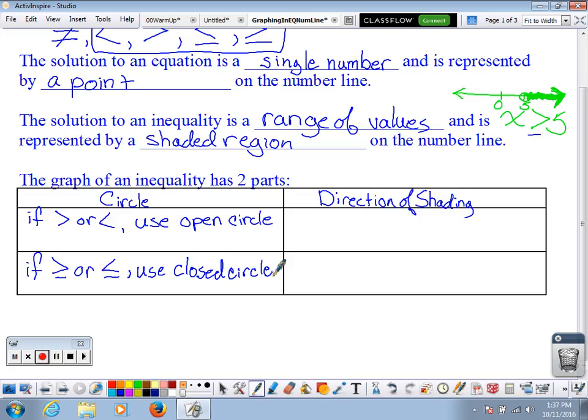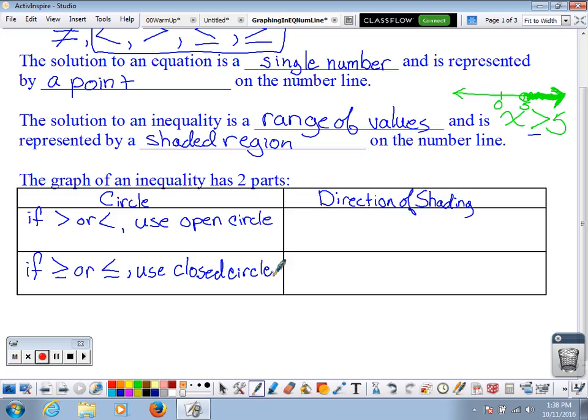Okay, now, let's say that right here I've got Jake and Mark, and I have the alligator eating Mark. That means Mark's bigger, right? Well, if Mark's the variable, and I want to shade where the bigger marks are, where are the bigger numbers on a number line? To the right.